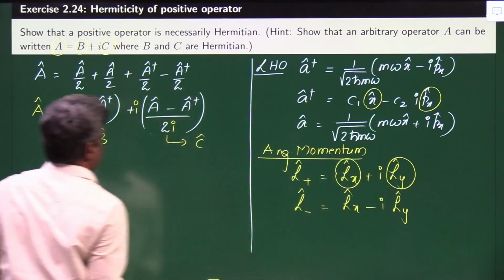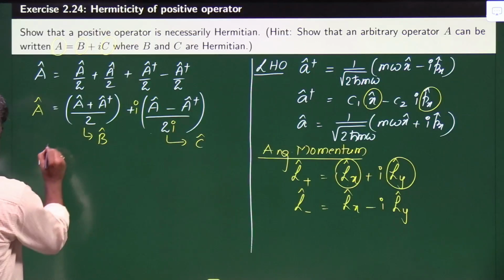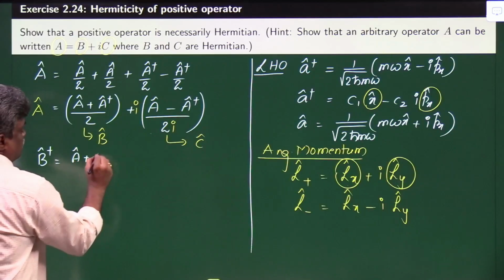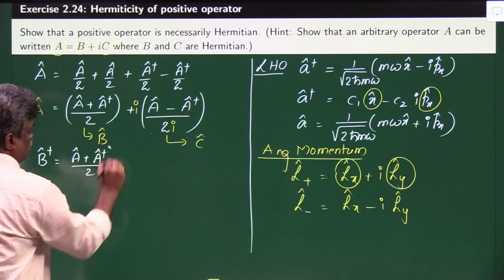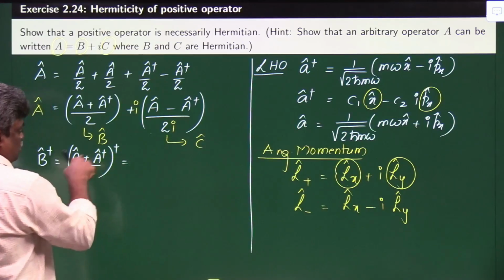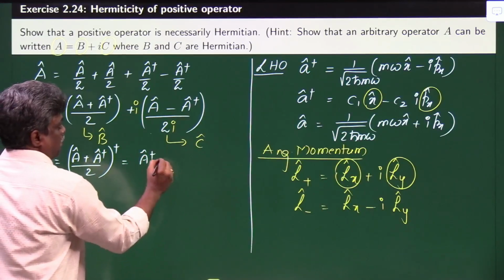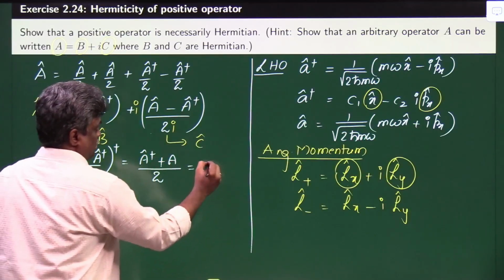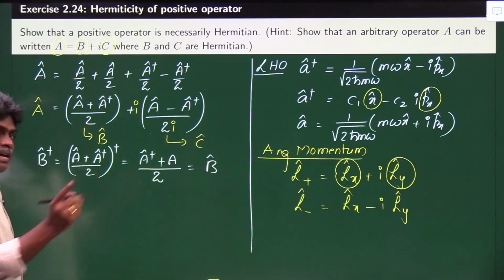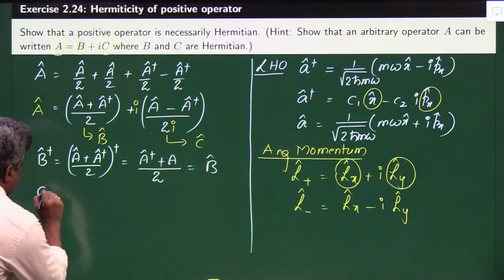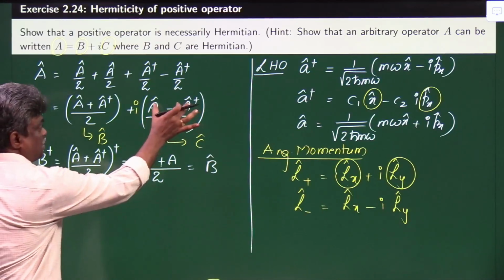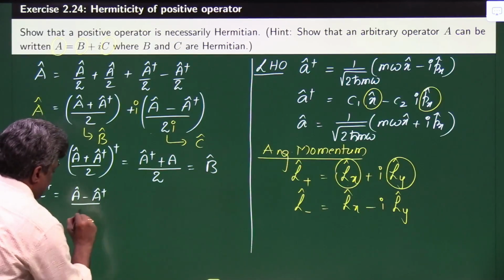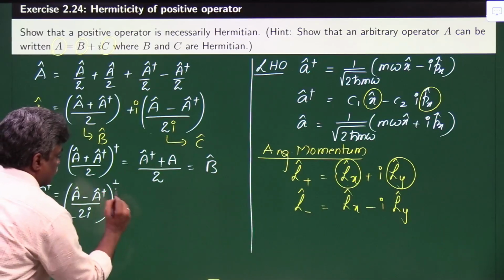Let us check. I'm taking B dagger. B is A plus A dagger by 2, whole dagger. This is nothing but A dagger plus A dagger whole dagger, which is A, by 2, which is B cap again. So B is Hermitian. Next, if I take C and apply dagger, C is A minus A dagger by 2 iota, whole dagger.